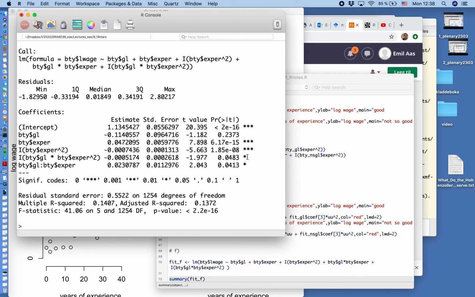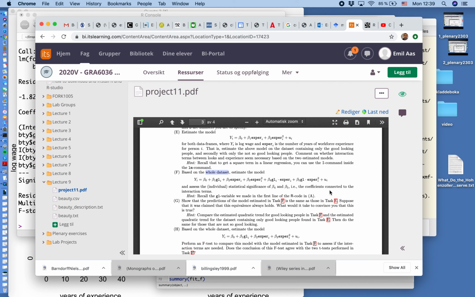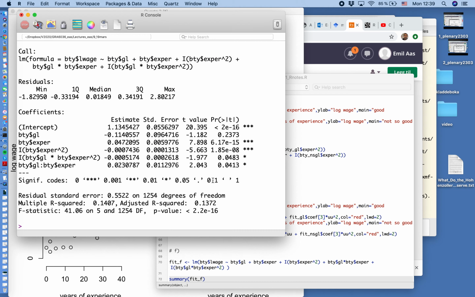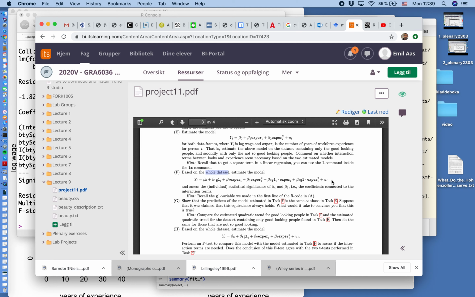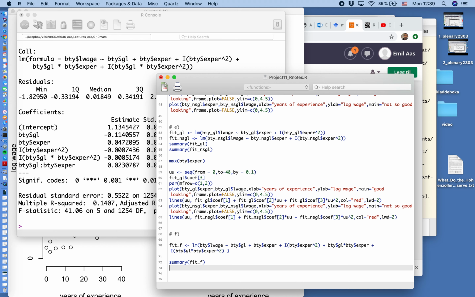But had we chosen a lower significance level, for example 1% instead of 5%, we would not reach the same conclusion. So this is based on what significance level you choose to work at. And we are also to assess the individual statistics in beta 4 and beta 5, which is what we already did. Beta 4 and beta 5 are these two, the interaction terms, both significant at the 5% level. Okay.